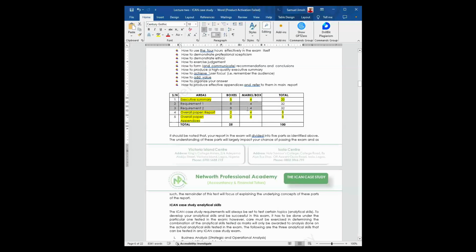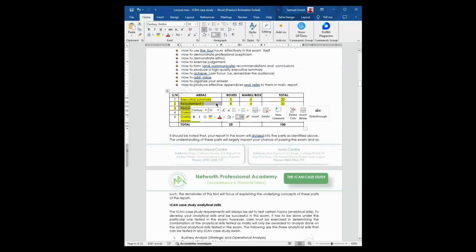The body of the report is where we have requirements 1 and 2, and that takes the larger share of the whole marks in the exam. That is about 64 marks. So let's look at the body of the report.